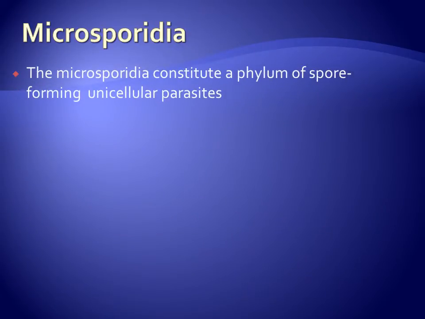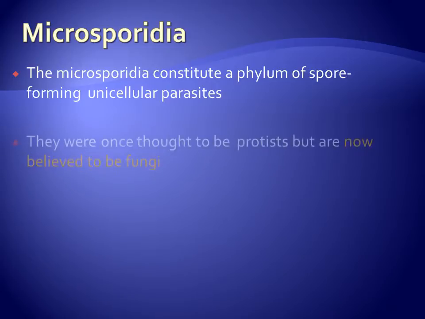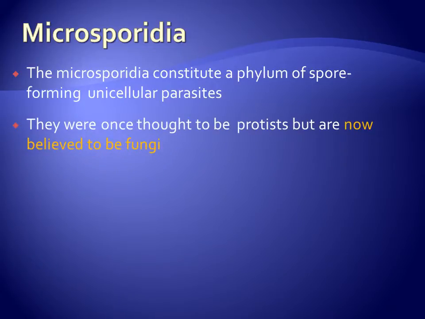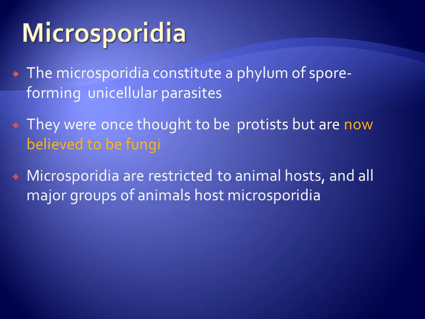To further confuse things, we have the grouping the Microsporidia, which are a phylum of spore-forming unicellular parasites that were once thought to be included with these protists, but now we think they are fungi. Microsporidia are restricted to animal hosts.